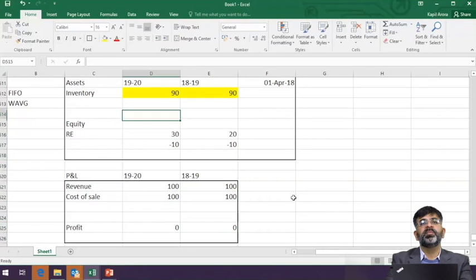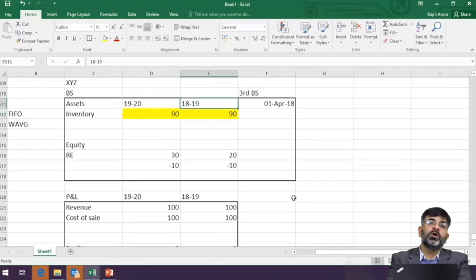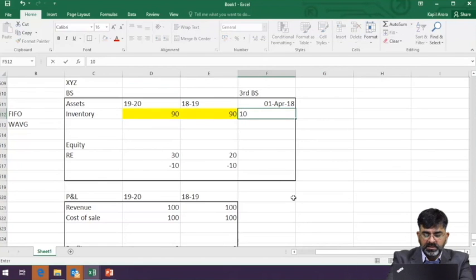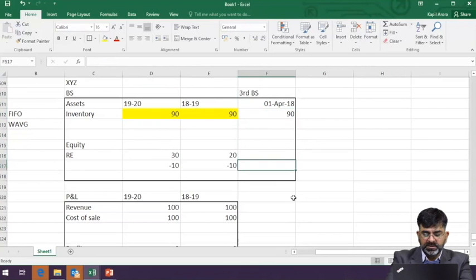To show that this impact is not coming this year, we will create the impact for the previous year also, which, let's assume, was also FIFO and 100. So let's take the impact there also, and the impact on profitability will come in the retained earnings at this point in time, which is minus 10.